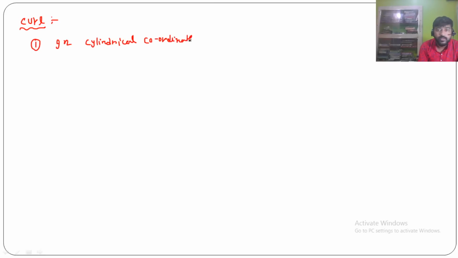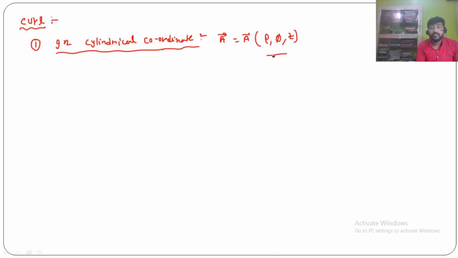In cylindrical coordinate, again you have to define a vector function here, because curl is again defined for a vector function. Obviously I like to write it in rho, phi and z. So what will be curl A in this coordinate system?